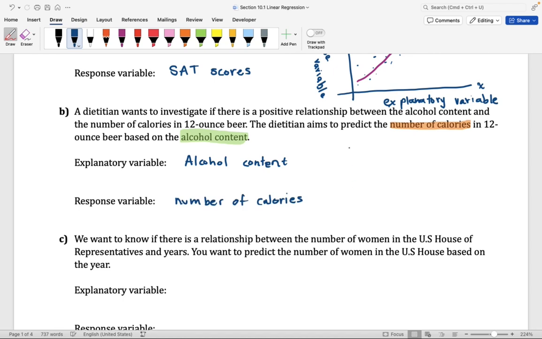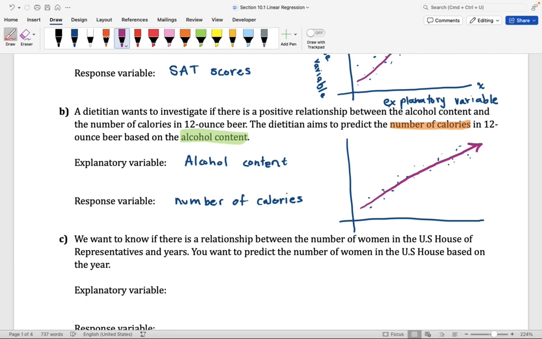In this case, we would randomly select 12-ounce beers. We would keep track of the alcohol content on each of those beers and the number of calories on each of those beers. With that information, we would go ahead and create a scatter plot. If we see that the scatter plot displays a linear relationship, we can use technology to find the line that best models the scatter plot, or best models this linear relationship.